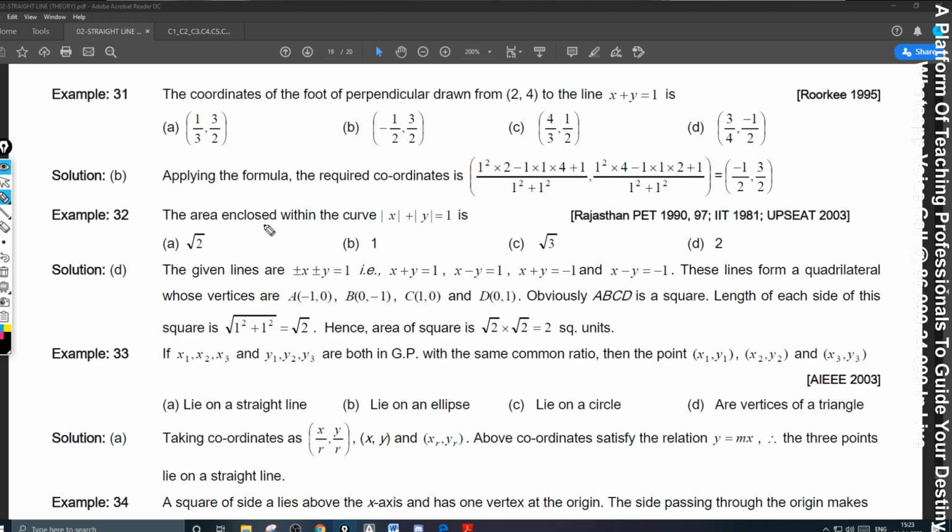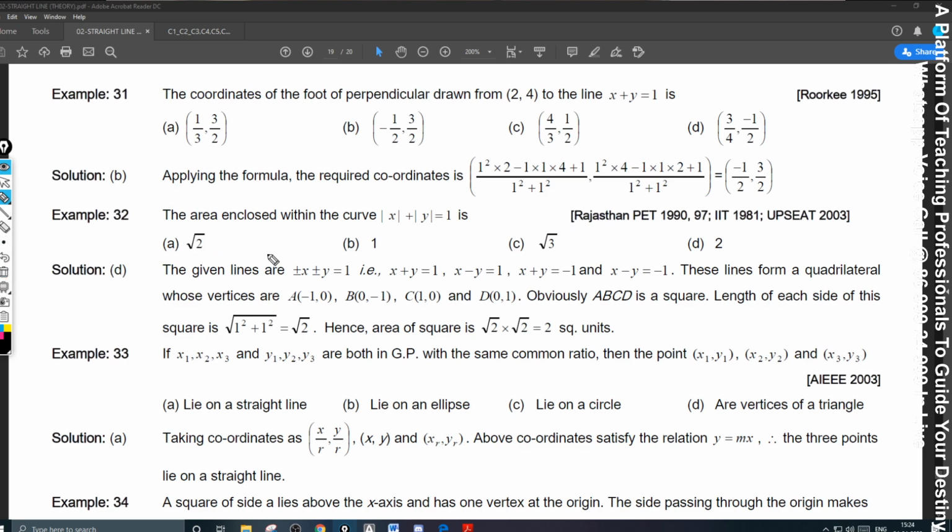Example 3.2 here. The area enclosed within the curve |x| + |y| = 1. Let me draw that for better understanding of how to split such equations into two or more. I'm teaching you the concept of modulus now.